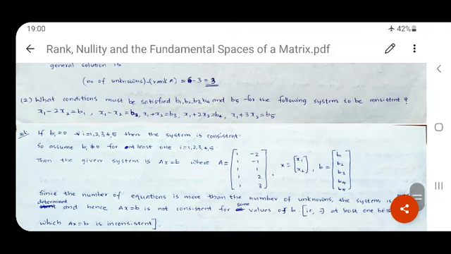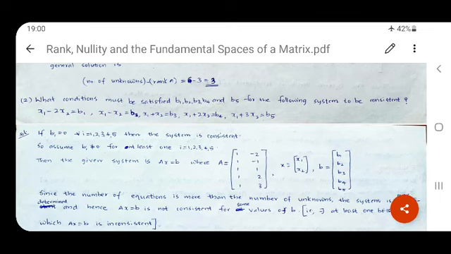In matrix form, if b equal to 0, the system is consistent. So suppose there is at least one bi which is different from 0. It is either consistent or inconsistent, so we have to check when it is consistent.